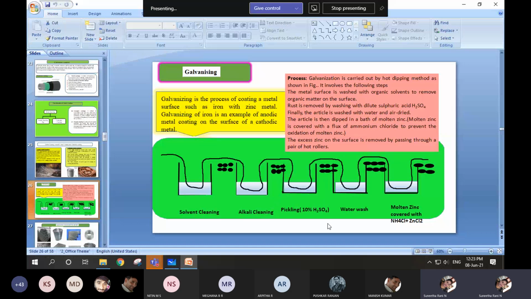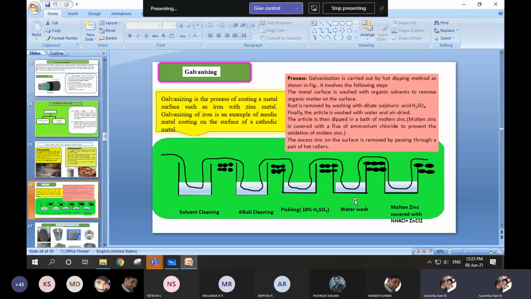This process of removal using 10% H2SO4 acid is called the pickling process. Once this is done, pass the same sheet into the next container, which contains hot water.